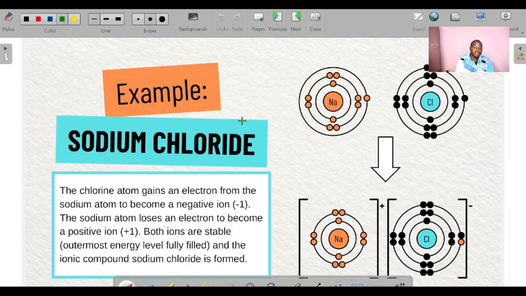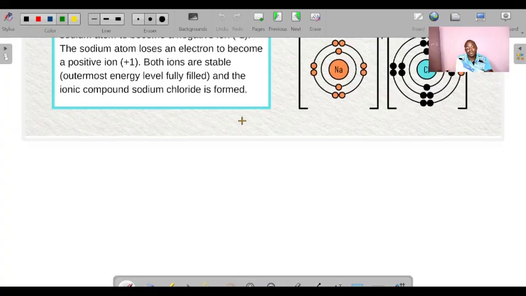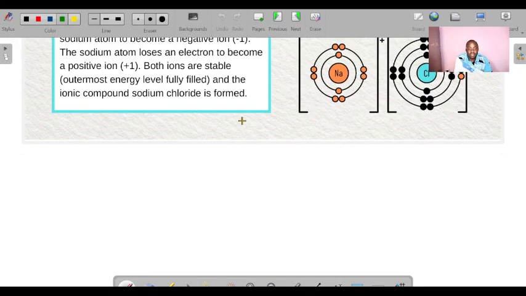So our first example is sodium chloride, and we are going to start off from the name itself. We talk about sodium chloride. The formula is NaCl, meaning from the name, the way it's ending, it's made up of 2 elements, that is sodium and chlorine.